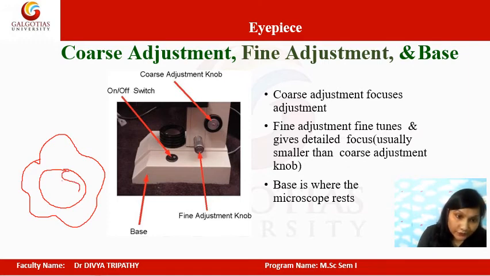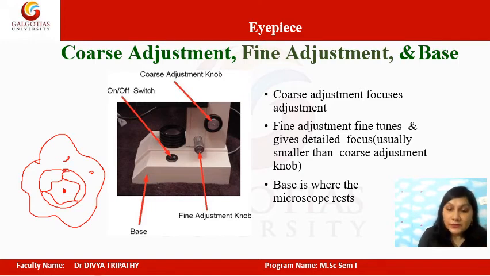Suppose you have used this fine adjustment knob, you will get clear images of the finer or the smaller subcellular organelles. So these are the two different types of knobs.